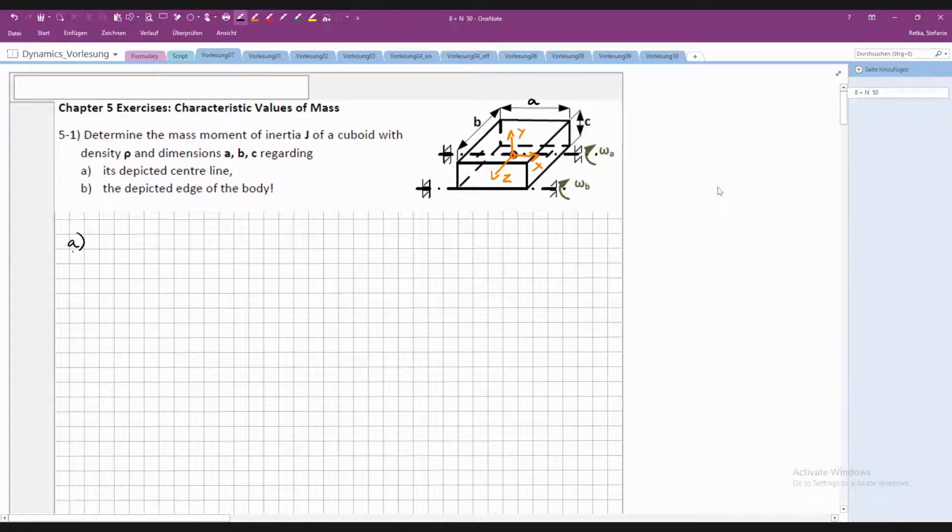Okay, and the x-axis is our main axis of the system.